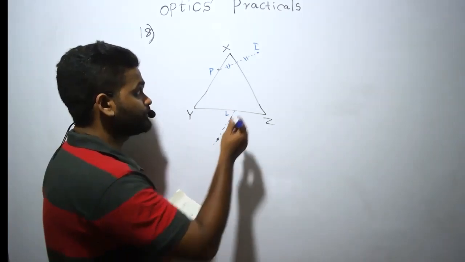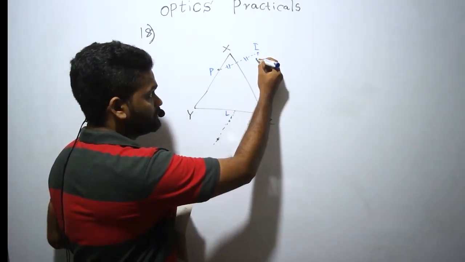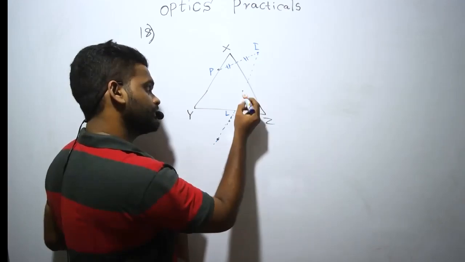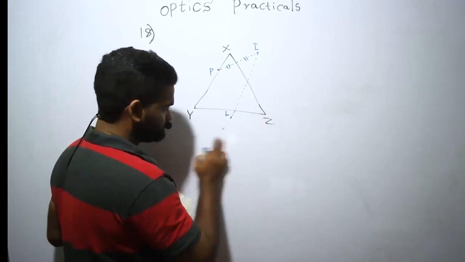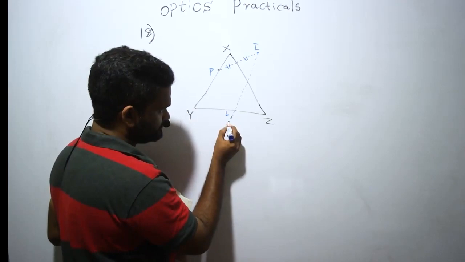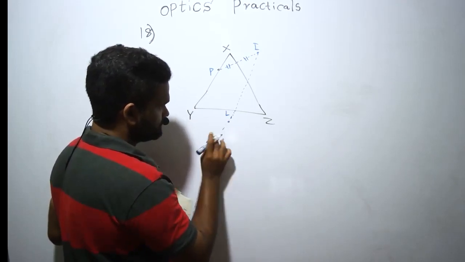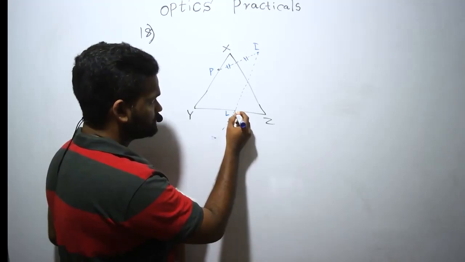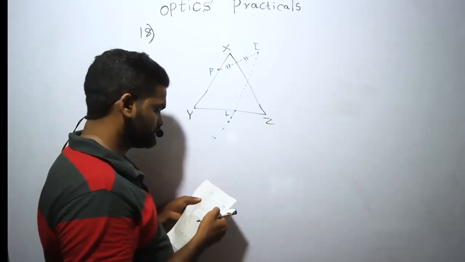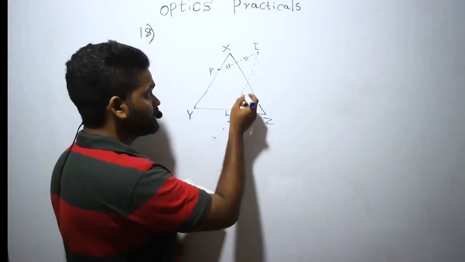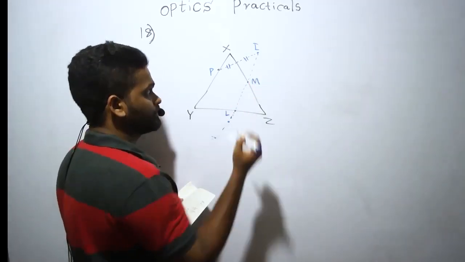Then you have to draw this IL line. And at the intersecting point, we have capital M. Right?